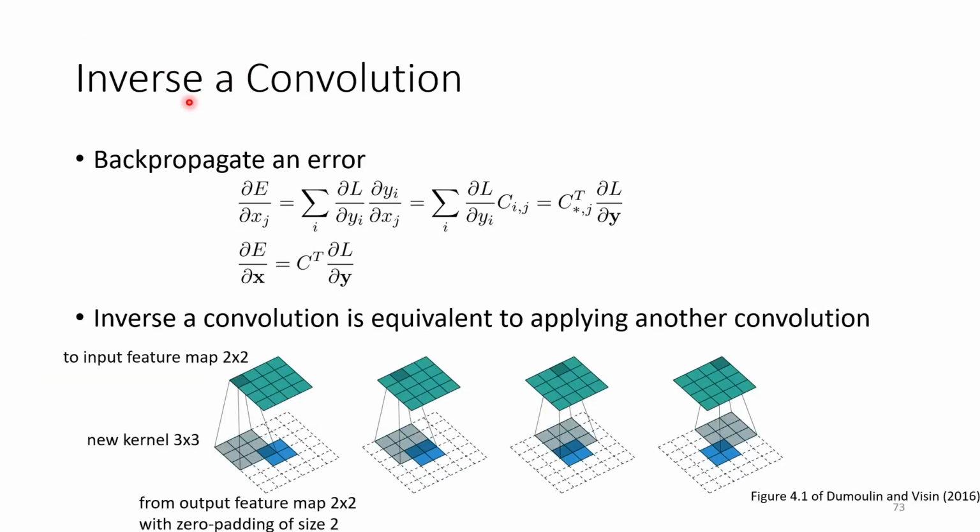What does this mean? It means if you want to invert a convolution, you can apply another convolution to your input vector.